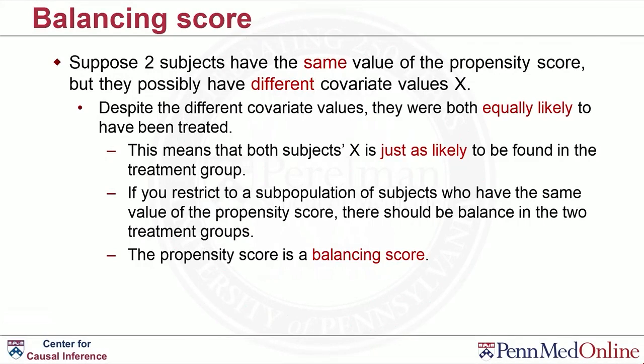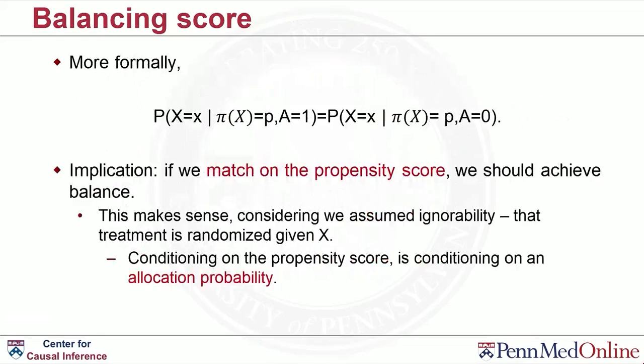So if we only consider people who have the same value of the propensity score, and we stratify on actual treatment received, we should see the same distribution of covariates in those two treatment groups. To make this a little more formal, we could state it as follows.